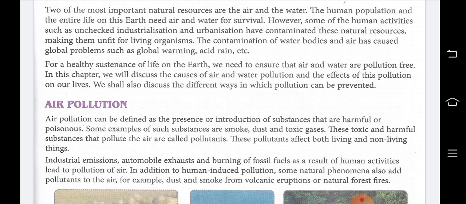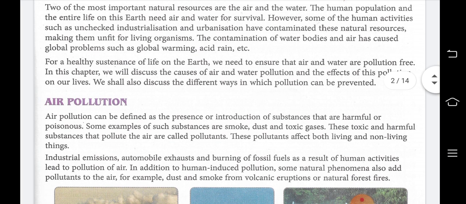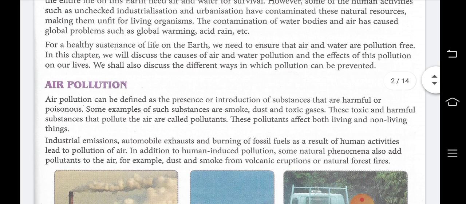This is urbanization. This has contaminated these natural resources, making them unfit for living organisms. The contamination of water bodies and air has caused global problems such as global warming, acid rain, etc. So, for a healthy sustenance of life on the earth, we need to ensure that air and water are pollution free.